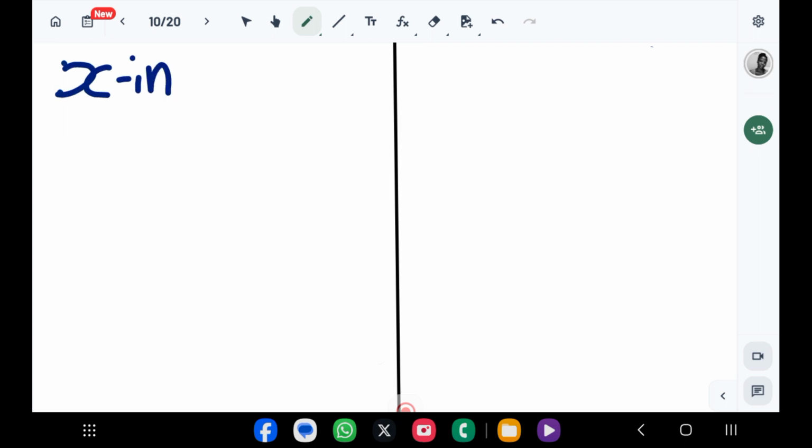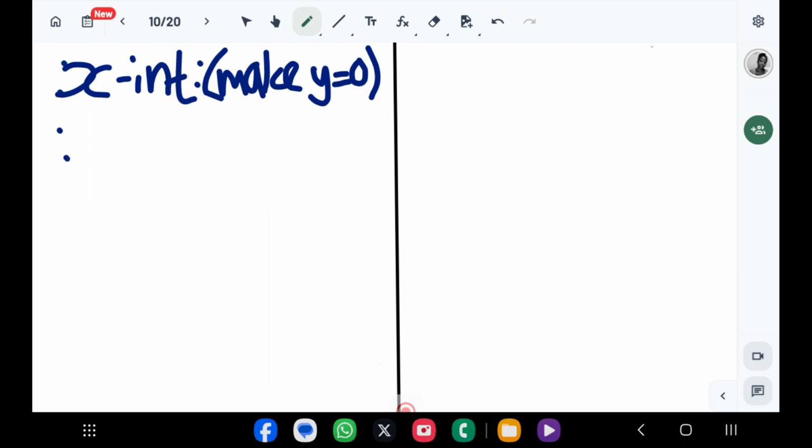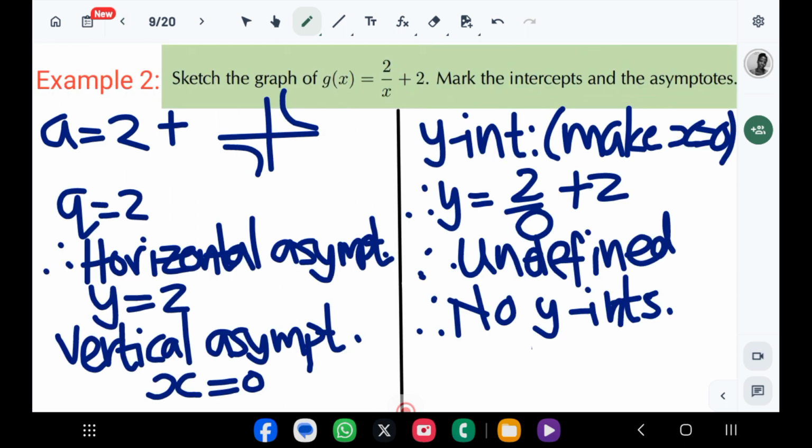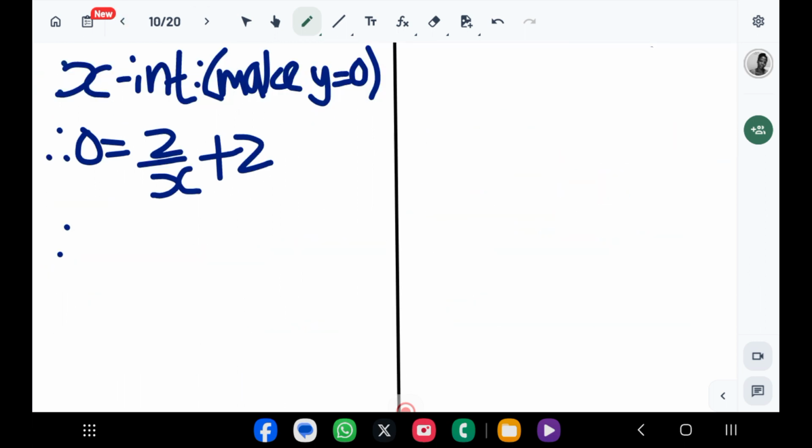For the x-intercept, we make y 0. Therefore 0 equals 2 over x plus 2. Now take the 2 to the left hand side. You'll have negative 2 equals 2 over x.